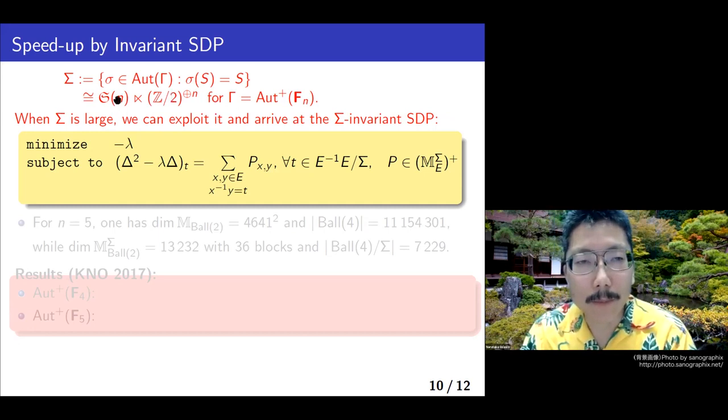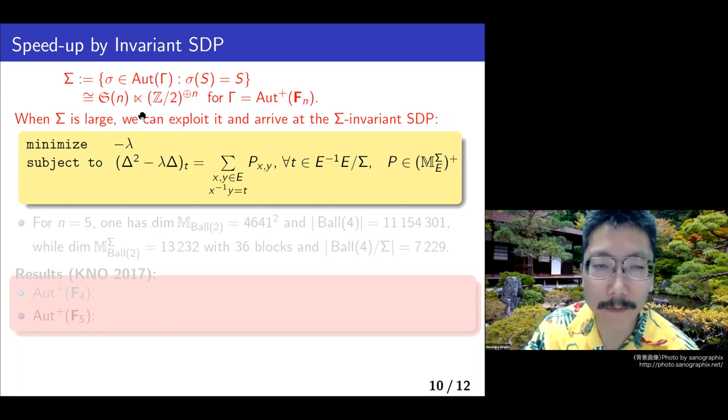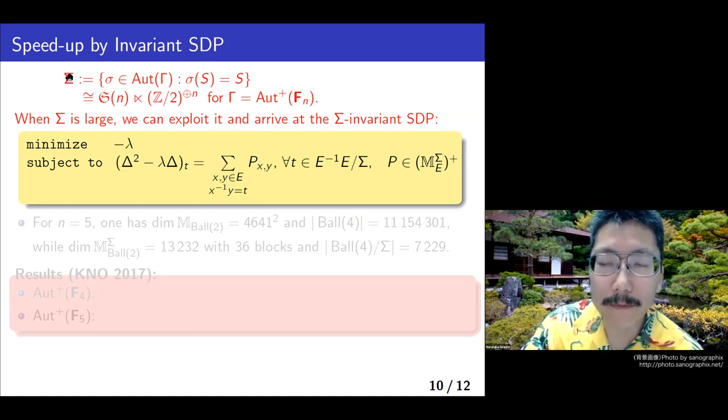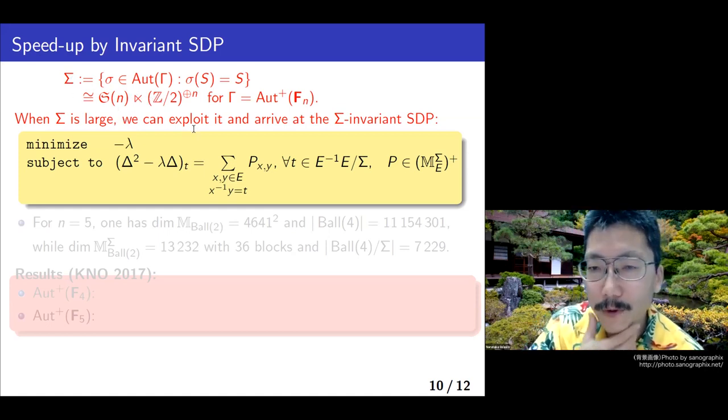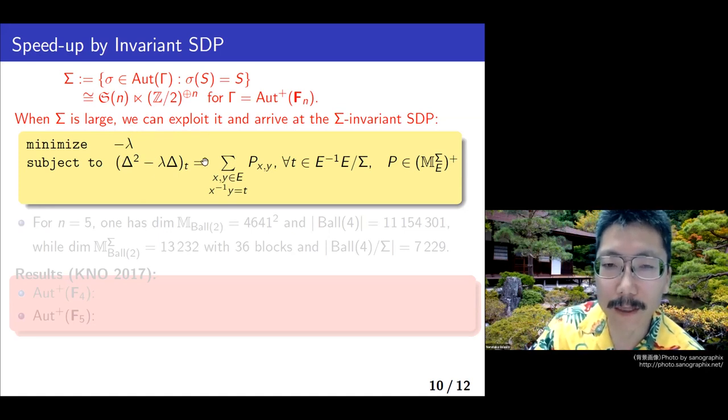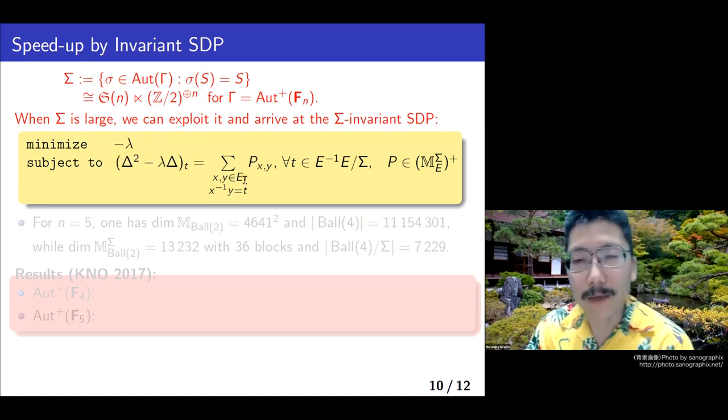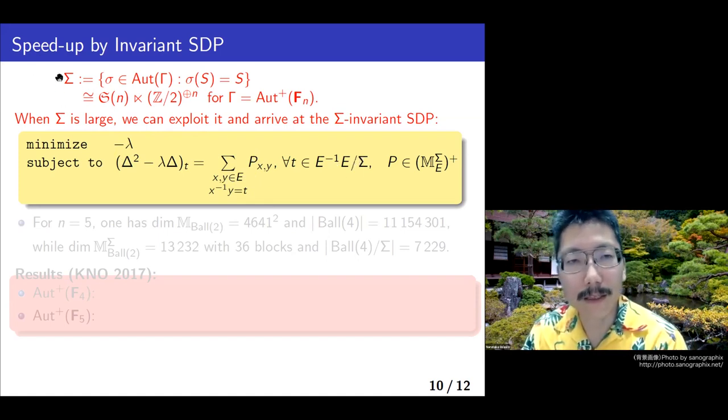These are symmetries of the generating set, and this is quite large compared to the size of S. This is almost as large as optimal. Then if this sigma is large, we can exploit it and divide by the symmetry. If this has a solution, the solution can be symmetric. There's a symmetric, invariant solution, so we can divide this equation by sigma.